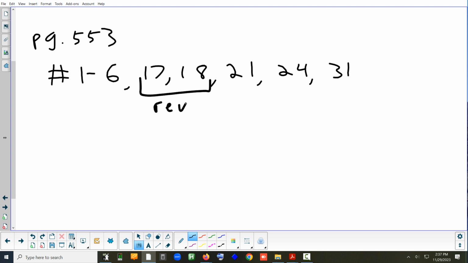With the matrix, it's just the amount of rows and columns. If it's 3 variables, then it's 3 columns, and the amount of equations is the amount of rows. 21 and 24 are like what we did in class. So you have 2 problems like we did, and 31 is a word problem. We'll take a look at that tomorrow.